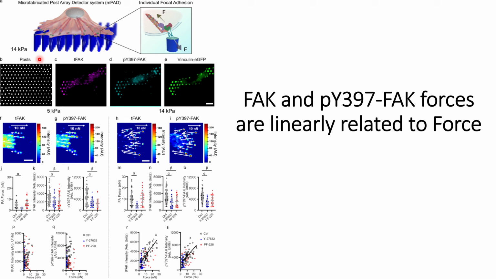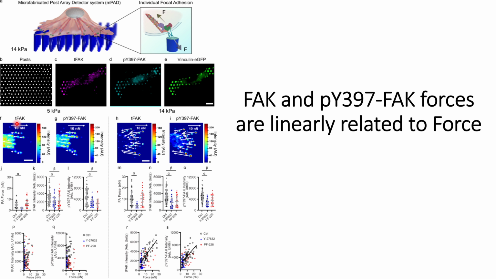These are the posts, or pillars, of the microfabricated array. Based on the deflection of these pillars, they are able to calculate the forces exerted, and to get these deflections they use confocal microscopy.